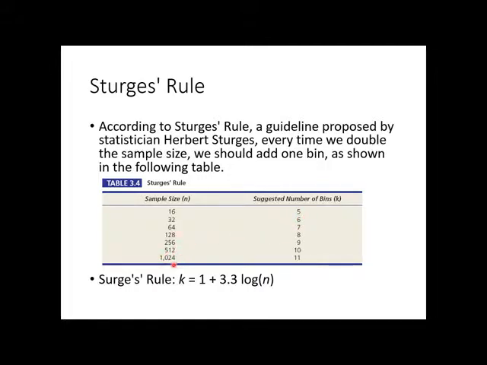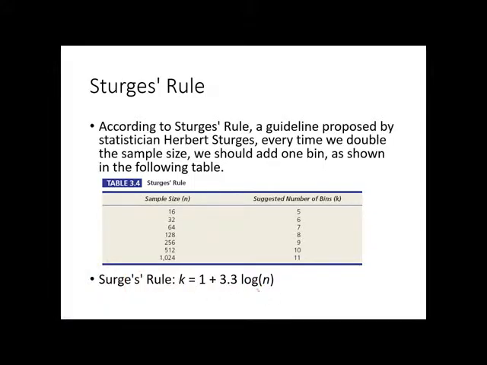If you have 1024, the suitable number of bins is 11. The number of bins can be calculated by this equation: 1 plus 3.3 log 10 n, where n is the number of samples.